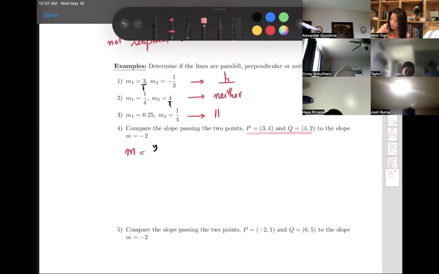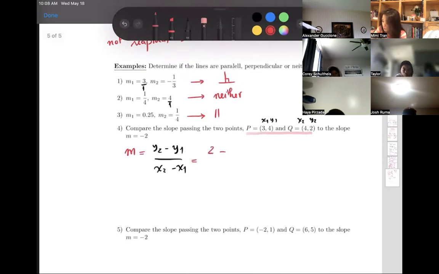You use a formula, right? Y2 minus y1 over x2 minus x1. Let me label them: x1, y1, x2, y2. So y2 is 2 minus y1 is 4, over x2 is 4 minus x1 is 3. So I got -2/1, which is -2. So they're the same, right?